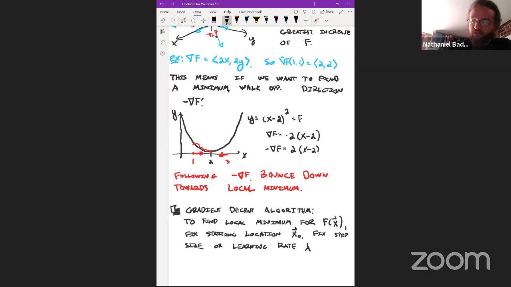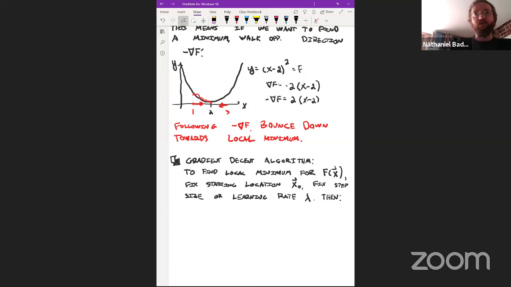We'll call that lambda. Then here's what we do. The next step, xn: given some starting point, we're going to take a step in the direction of the gradient.